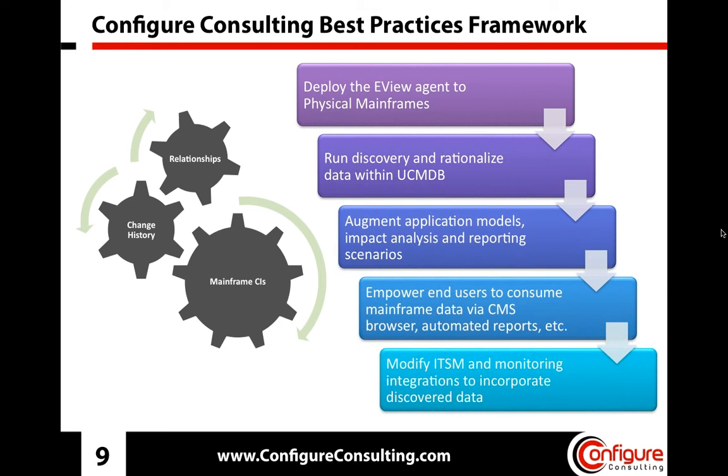These activities result in end users being able to see mainframe data conveniently in a browser or from automated reports out of the UCMDB. Finally, we modify ITSM and monitoring integrations to incorporate the newly discovered mainframe data. And with that, we'll open it up to questions.